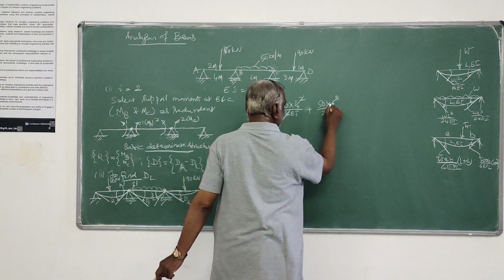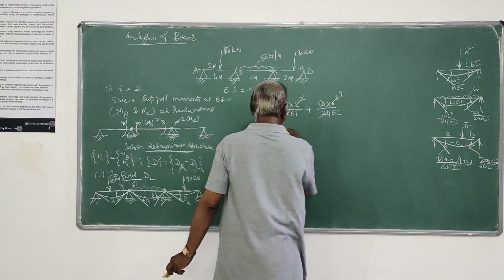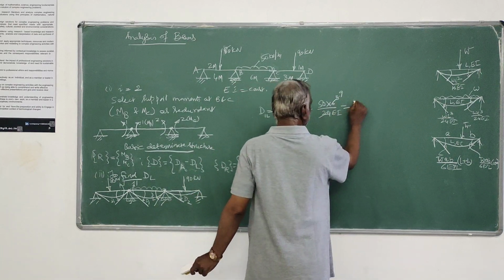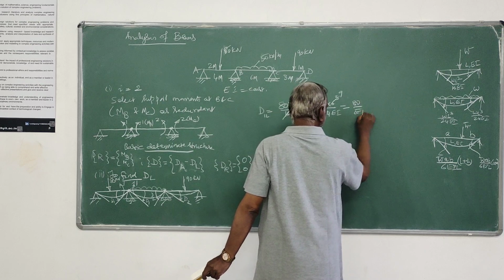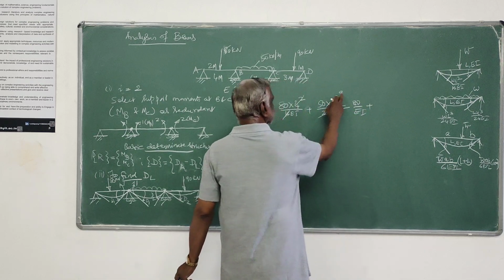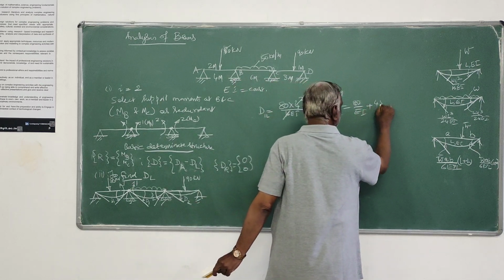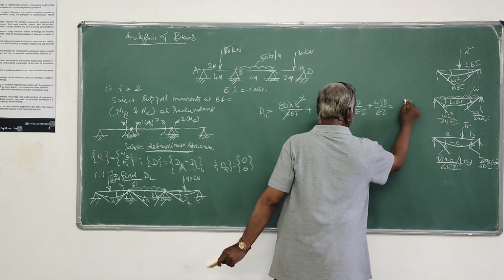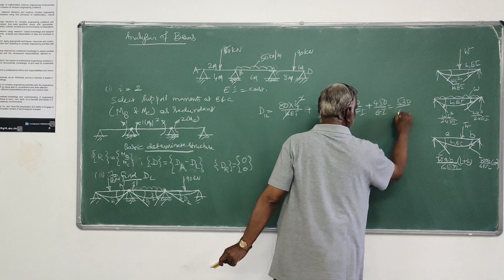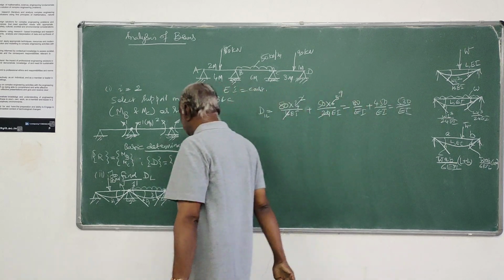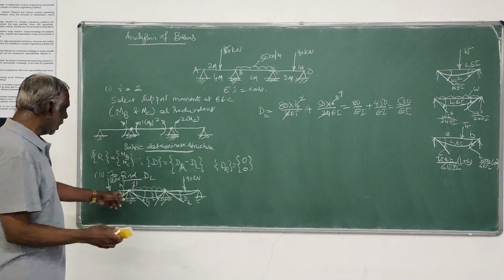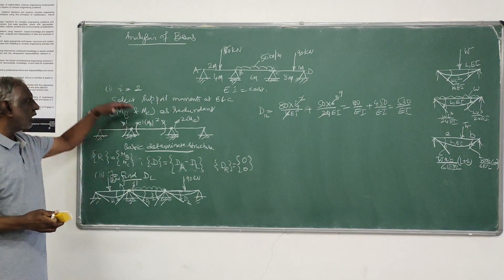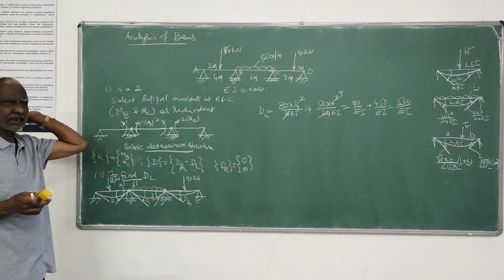So this will be 80 by EI plus 450 by EI. This is 530 by EI. That is the deflection along the coordinate 1 on account of the external loading.